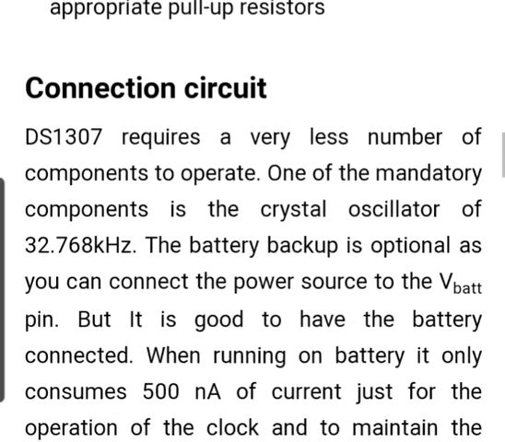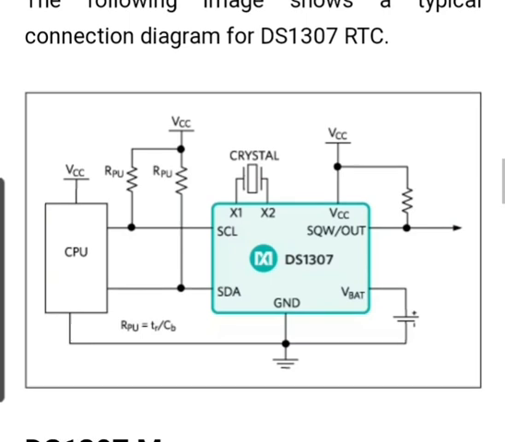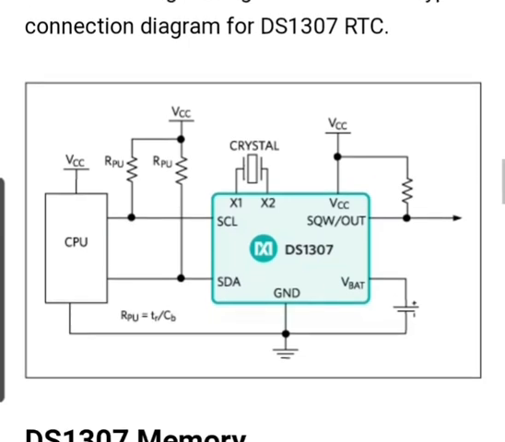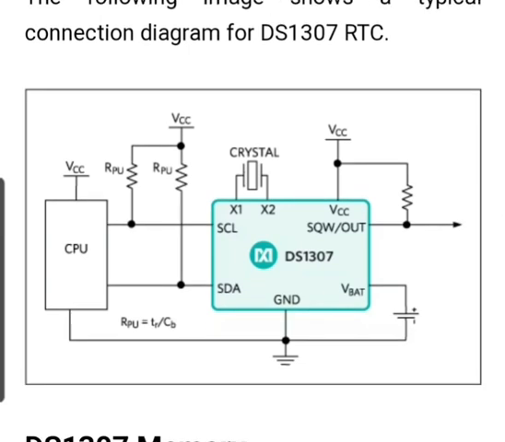Then the connection circuit is shown here. This image shows a typical connection diagram with an RTC. All the registers of the DS1307 store values as BCD, binary coded decimal. That is, if the clock is at 49, then register 0x00 will show 0x49 as the binary coded decimal value of 49.